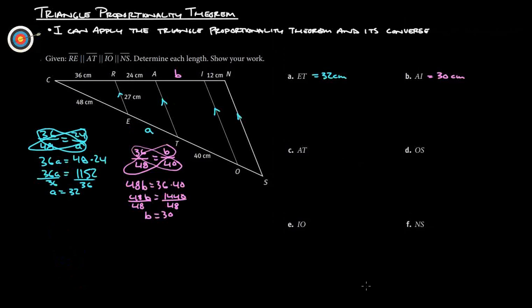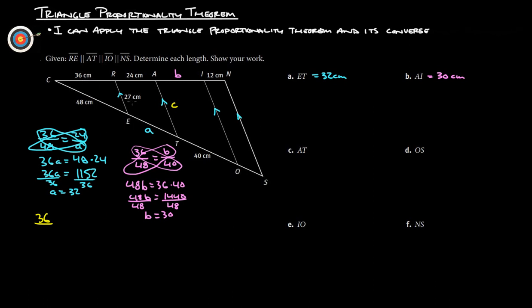Okay? All right, for C, we've got AT. So that's this part here. Now, here's an interesting part of this. We cannot use the triangle proportionality theorem because that only works for sides as opposed to these parallel base lines here. So what we've got to do instead is use our triangle similarity. So let's do this. 36, we can set this up as 36 is to 48. Oh no, sorry, not 48 because we want it on the bottom.